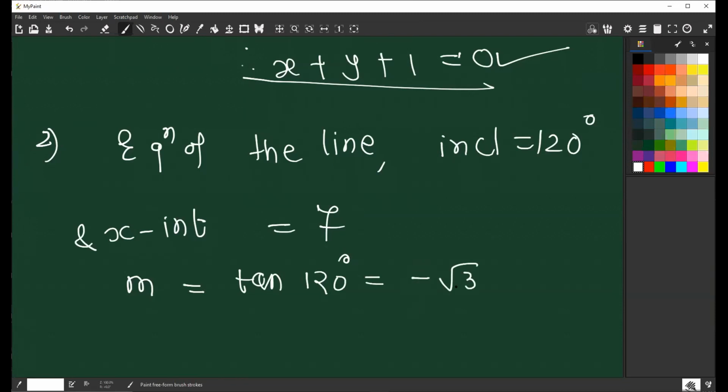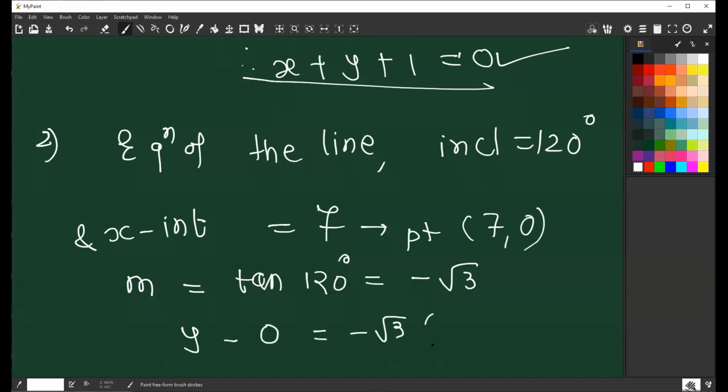Correct? So minus of square root of 3 is the slope, and if the x-intercept is 7, means point is (7, 0). So you can use this point form: y minus y1 is equal to slope into bracket x minus x1.